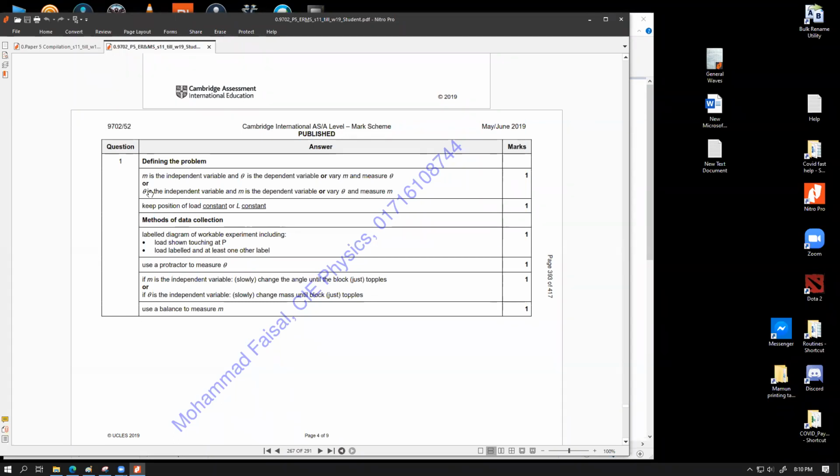Method of data collection, label diagram, workable experiment, including load shown touching at P. How would you make sure that the load is touching at P? This is the part that I have explained in other cases, that in any case you are trying to hang an object, hang a load from an exact point at the end of a bar. It is always easier to do using a piece of string. So you attach the string with a piece of nail or a hole, something like that, and then you hang it with a mass hanger at the end, so that you can always apply the load exactly at that point.